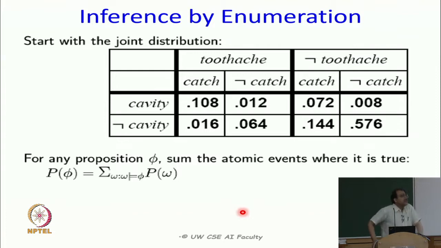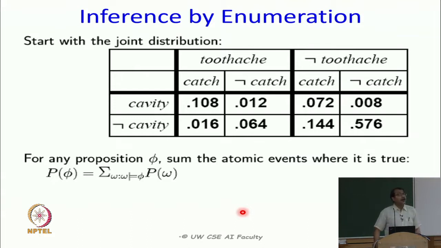And now suppose I ask the question, what is the probability that Mr. Bean has toothache? Can you answer this question from this table? What are you going to do?